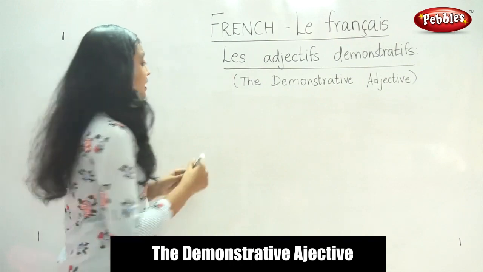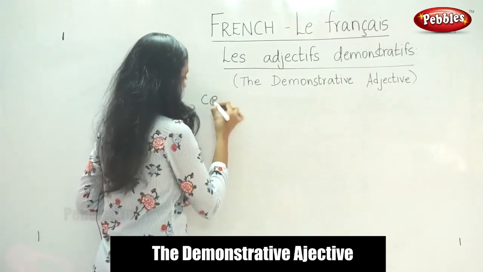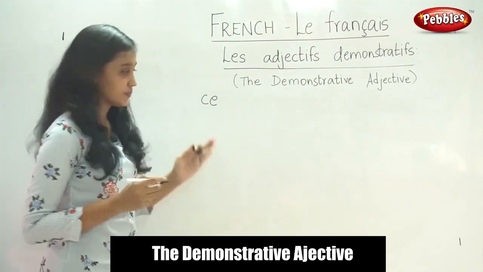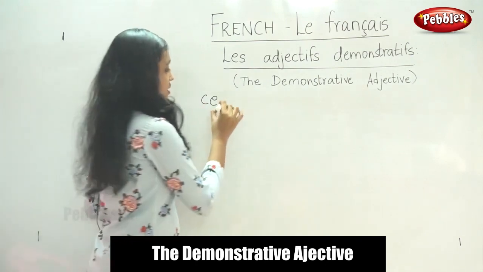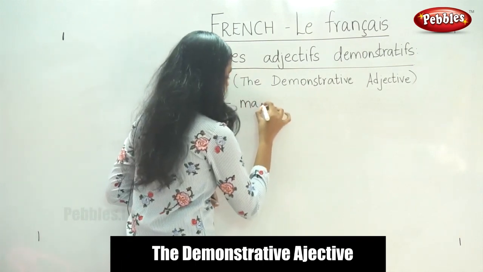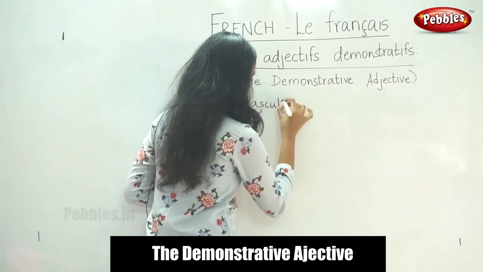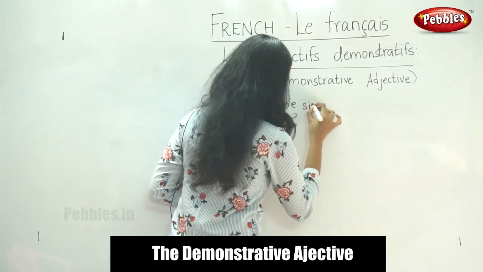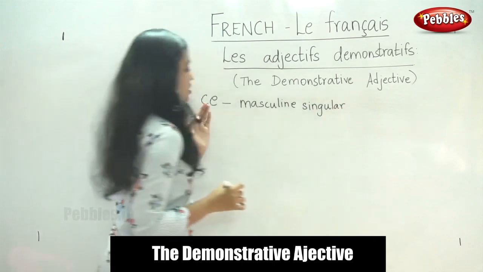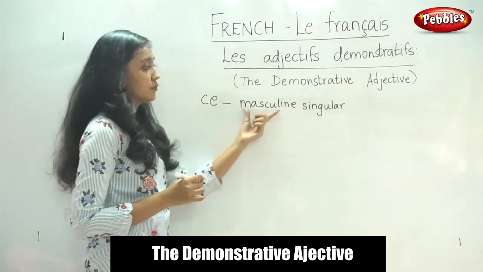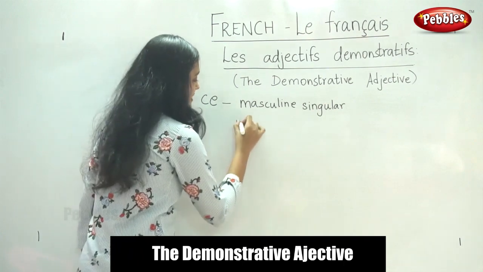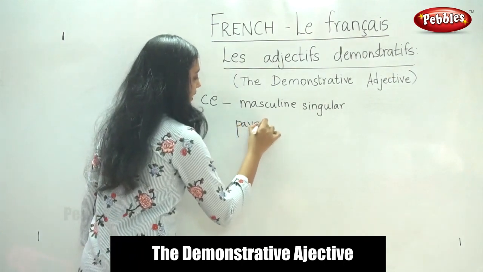So let us begin with ce. Ce means this or that. It is used before a noun that is masculine singular. For example, let us take pays.